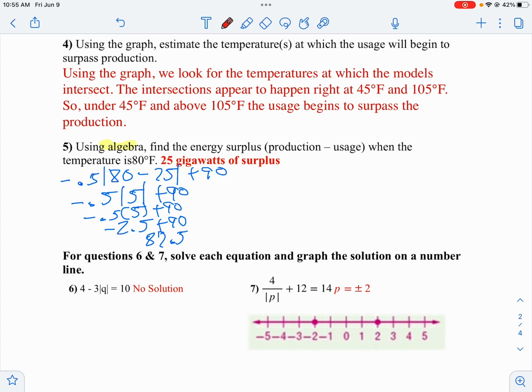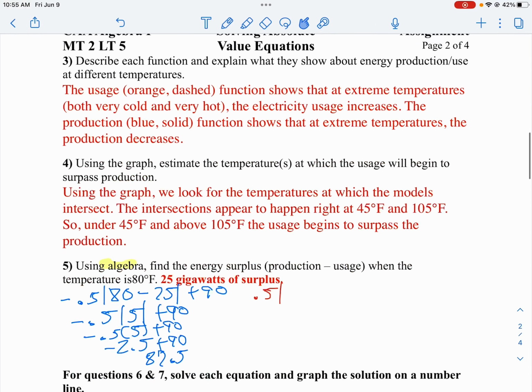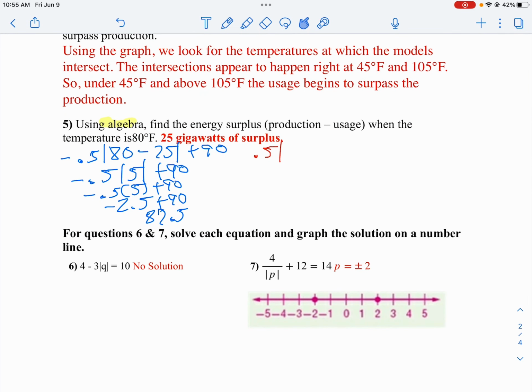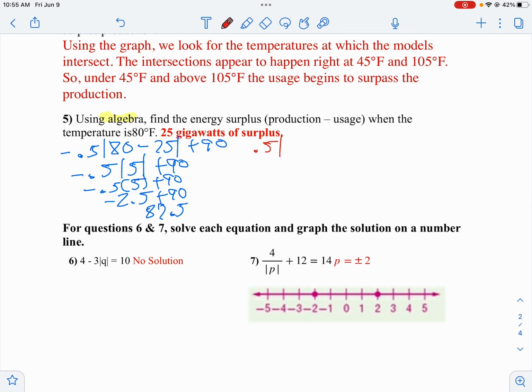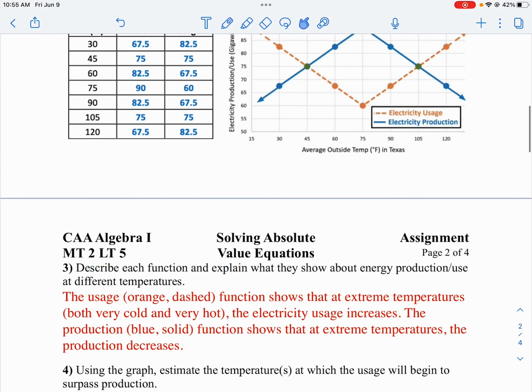Usage is going to be negative, not negative, take that back, positive 0.5 times 80 minus 75. And I do believe it was plus 60, wasn't it?